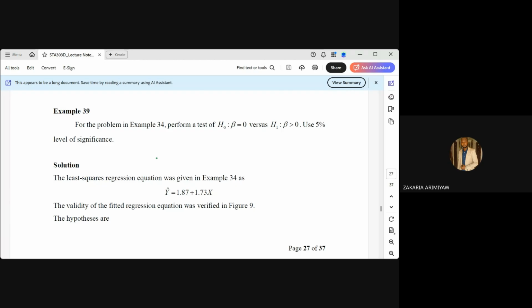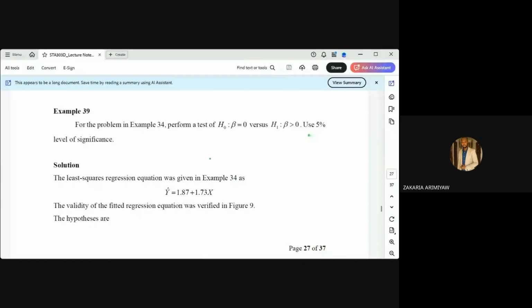We want to see whether the predictor variable X, in this case the day, is useful in predicting the plant height. So this is the hypothesis we need to test, i.e. beta is equal to 0, versus the alternative that beta is greater than 0. Beta greater than 0 simply means that the coefficient of the predictor variable is significant.